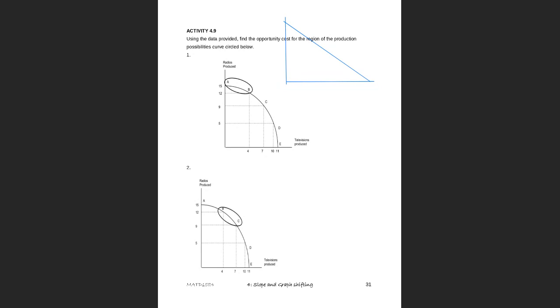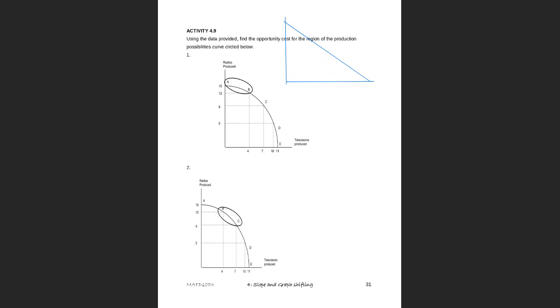But in actual sense, opportunity cost is not a straight line, it's a curve. Have you seen? Because as you move down the curve, opportunity cost always increases. You remember that in high school, your math teacher would ask you to find a gradient.